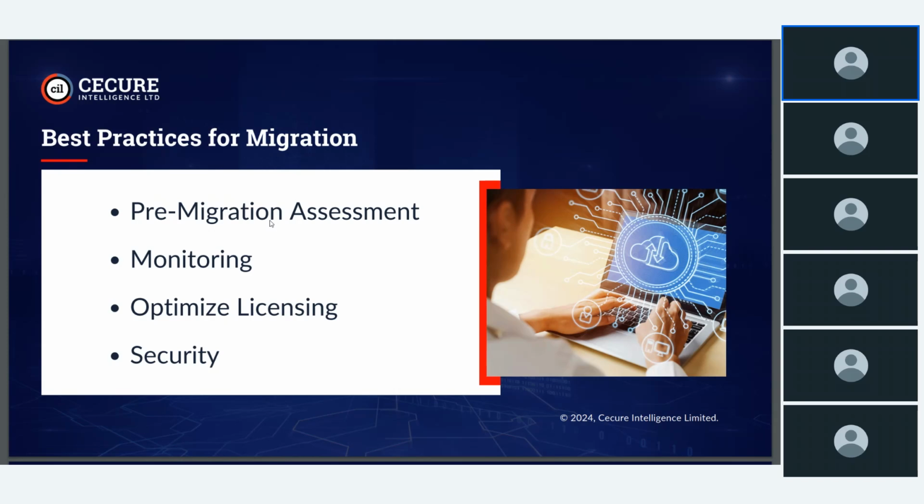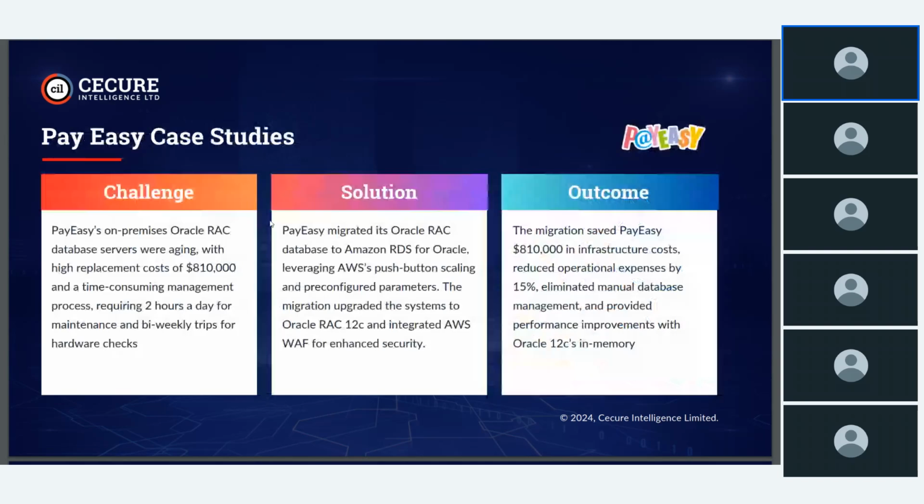Next, we are going to read some of the case studies of some companies that have been able to migrate their workload from Oracle to AWS successfully. So we have a company here called PayEasy.